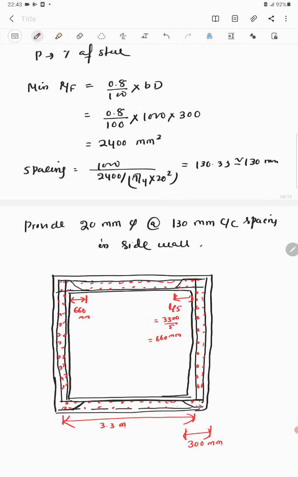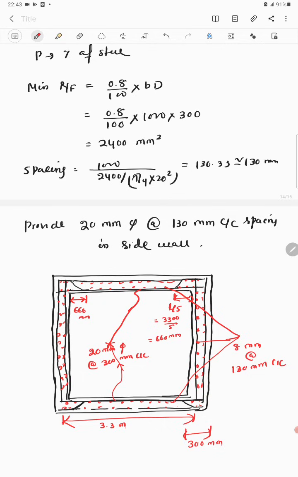And these main bars, these are 20 mm dia bars at 300 mm center to center, and this distribution bars, these are 8 mm at 130 mm center to center.